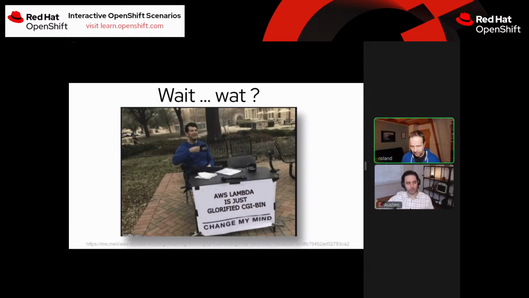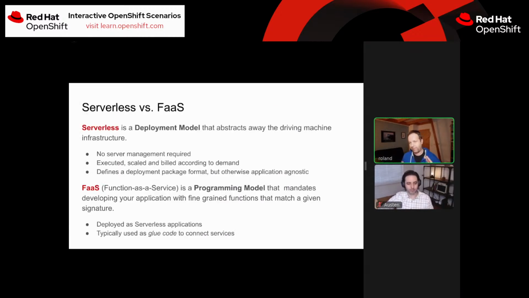We think it is, but often it's not so easy to explain. So let me try to explain the difference between serverless and FaaS as I think it could be defined. This is my take on this. It doesn't have to be the perfect definition, but I think it's a valid point. First of all, serverless itself is a deployment model, which means that you can abstract away the way your applications are running on a certain infrastructure, so you do not have any server management to do on your own.